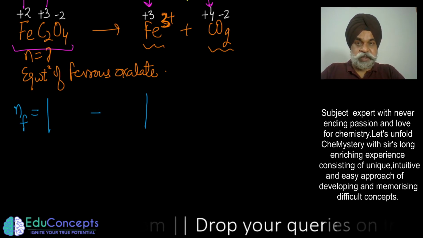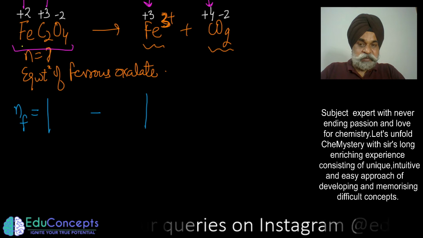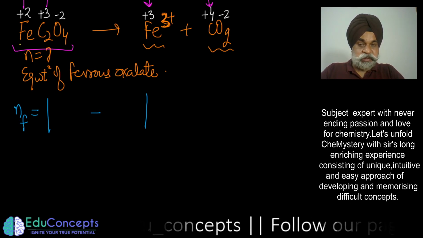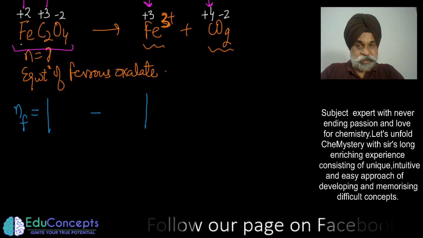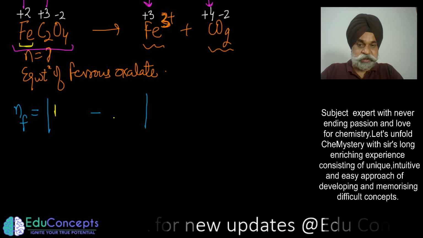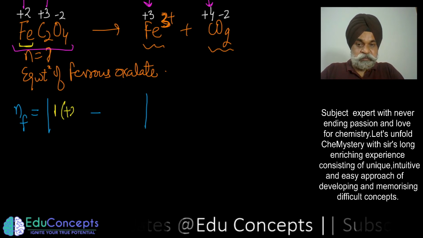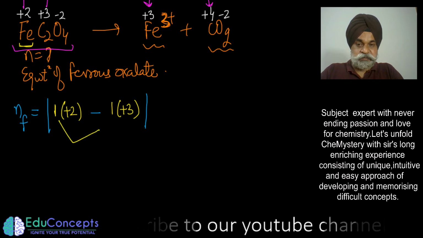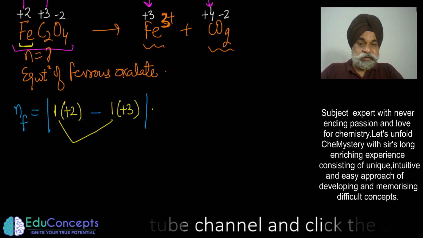Now per mole, you have to look at those elements which are undergoing change in oxidation state. So 1 mole of ferrous oxalate, I am getting one Fe2+, which is going from +2 to +3. If you could recall, we did it this way, and you have to take a mod.